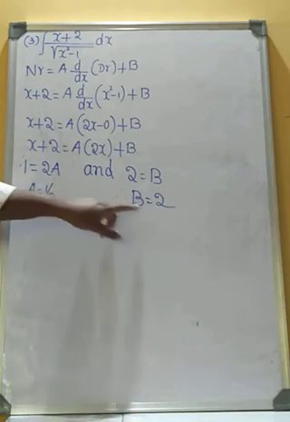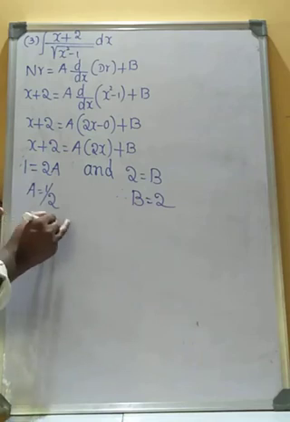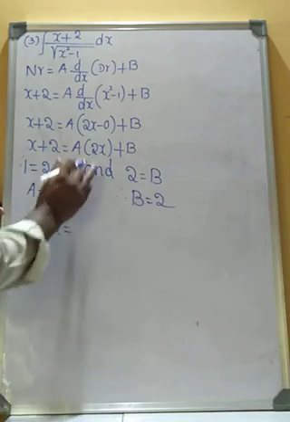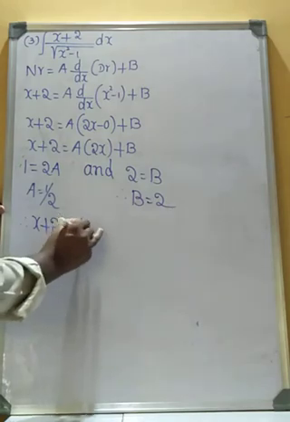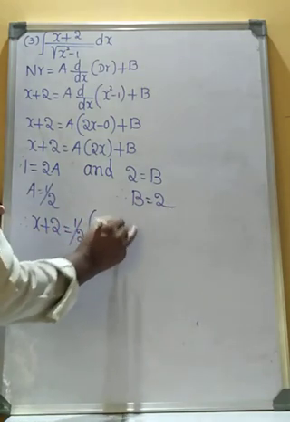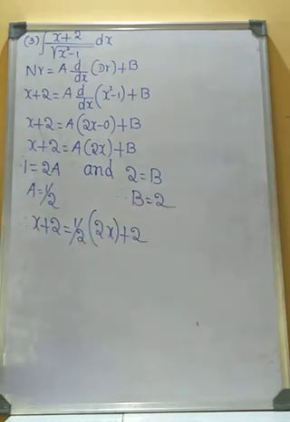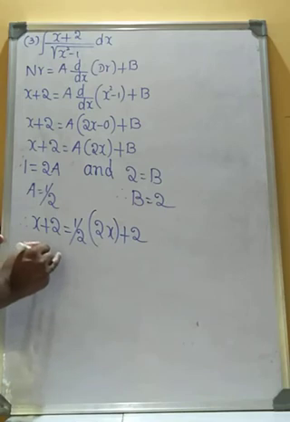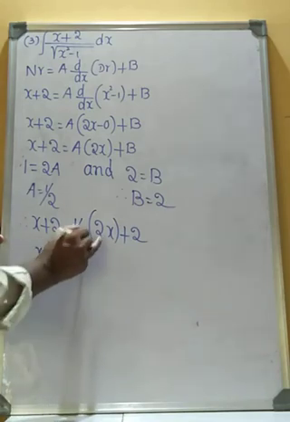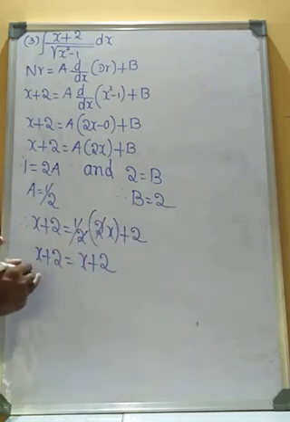a is 1 by 2 and b is 2. Substitute in the above equation. Therefore x plus 2 is equal to (1 by 2) into (2x) plus 2. So the 2 gets cancelled, x plus 2.